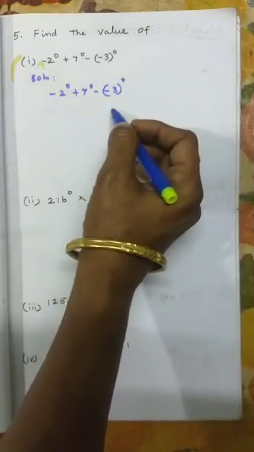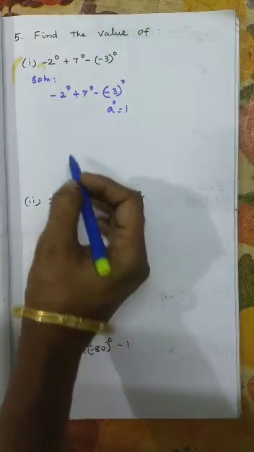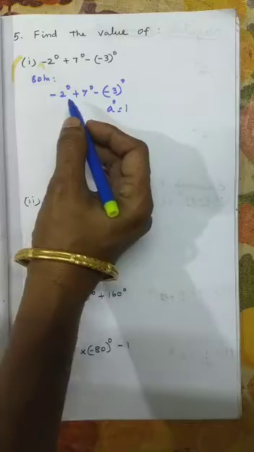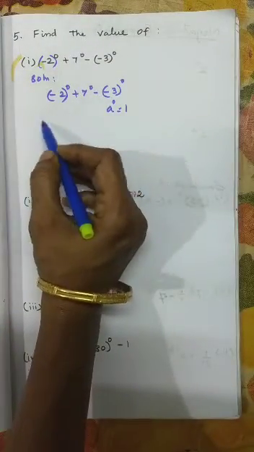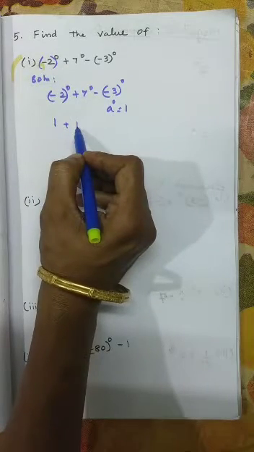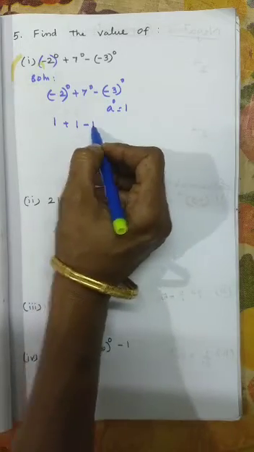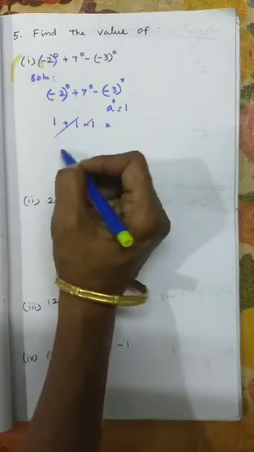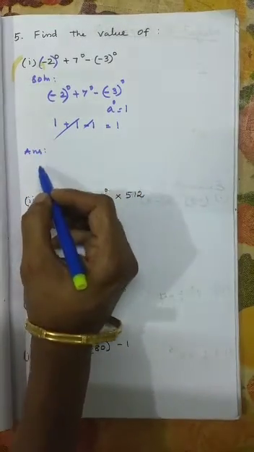Any number power 0, a power 0 is equal to 1, isn't it? So minus 2 the whole power 0 is 1 plus 1 minus 3 the whole power 0 is 1. So minus 1 plus 1 gets cancelled, 1 is the answer. So answer 1.